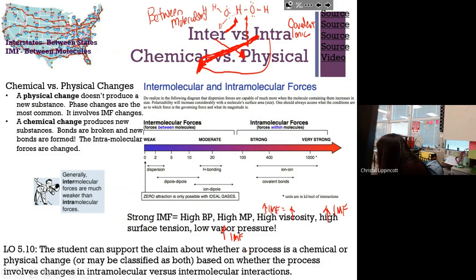The way it evaporates on its own. Yep. So things that have low vapor pressure don't evaporate very easily. What the vapor pressure comes from is when that is in a closed container, remember, some of that liquid is going to evaporate. If you have high IMFs, very little of that is going to evaporate, which means that it's going to put very little pressure against the sides of the container.